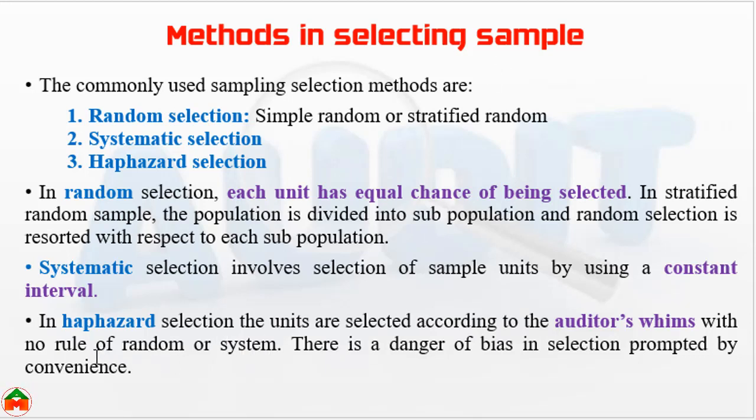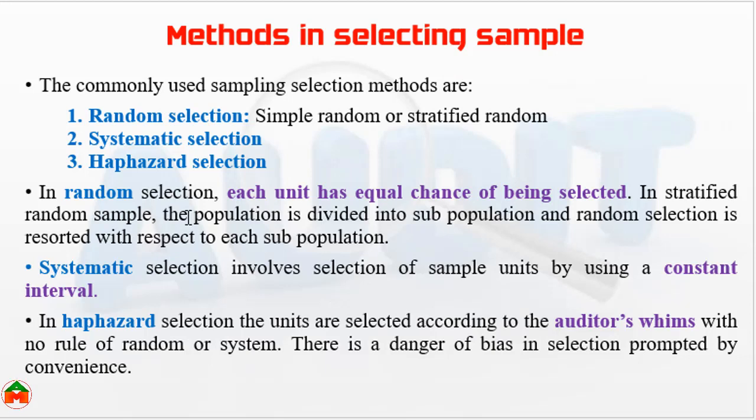In this case, there are no specific rules. Auditor's choice is the main issue in haphazard selection. But there is a danger of bias in selection prompted by convenience. That means there may be a problem if haphazard selection is applied in selecting a sample.